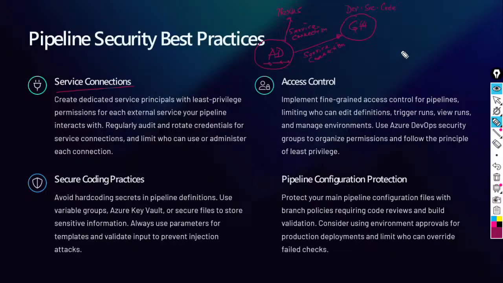Like you have Terraform, which is external to Azure DevOps, you will have a service connection to Terraform. And as long as the service connection is working, you can easily integrate Terraform and Terraform services onto this pipeline. Is that clear? Yes, sir. Yes.